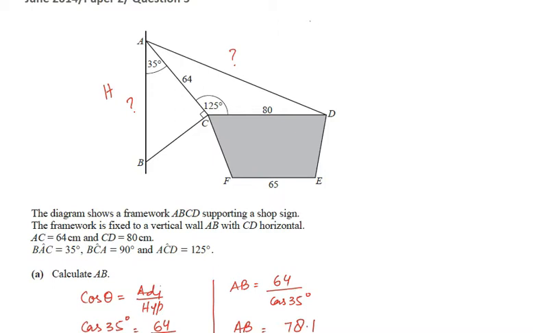How will we use it? It will be AD square is equal to 64 square plus 80 square minus 2 times 64 times 80 times cos 125. If you remember in the lecture also, I have explained that when we get an obtuse angle for cos, the answer will have a negative sign.